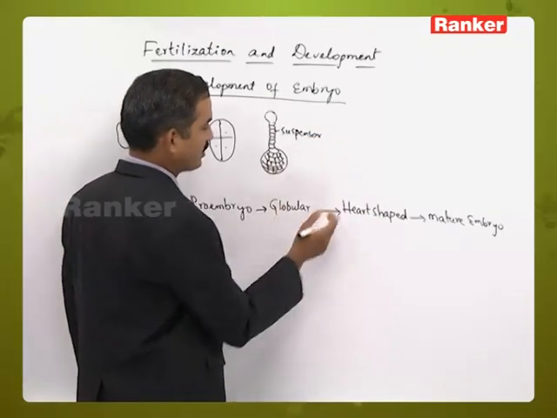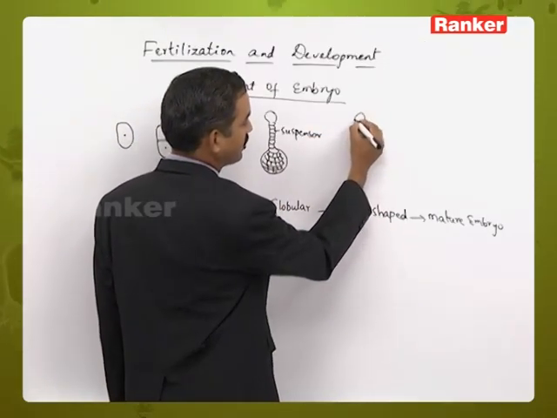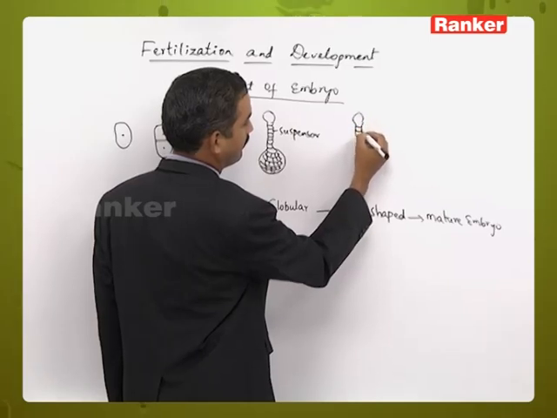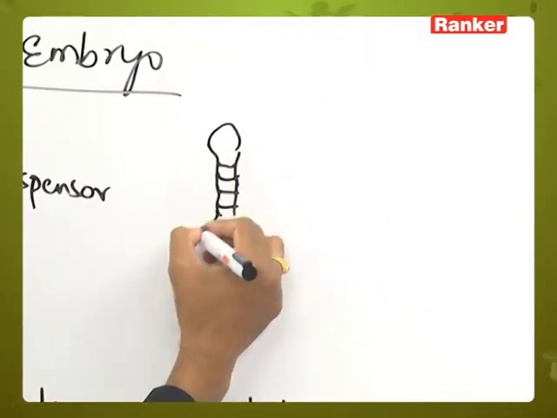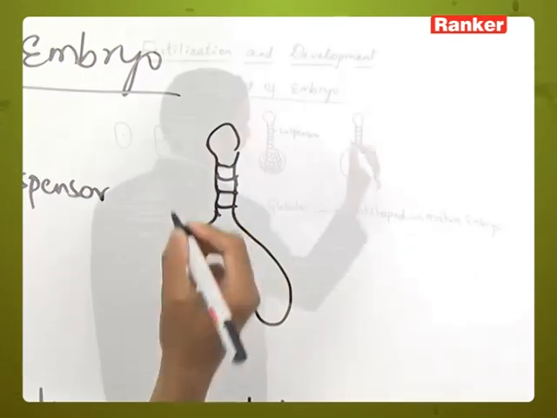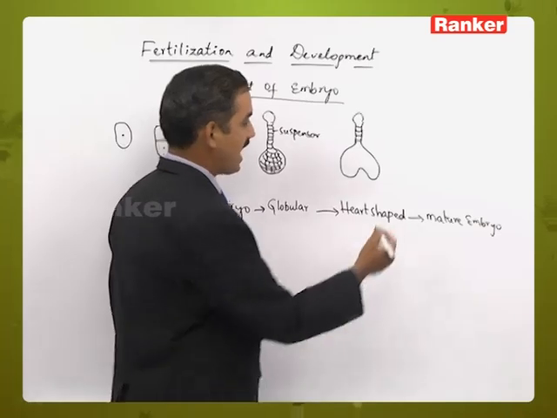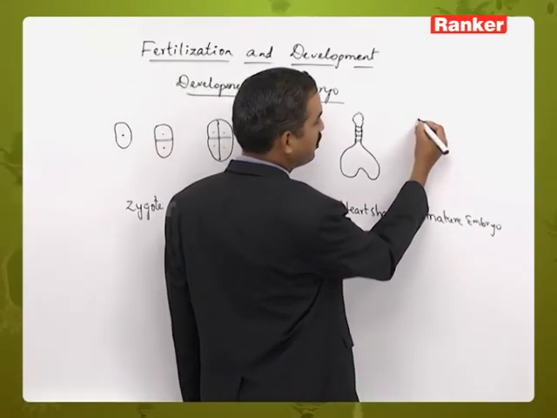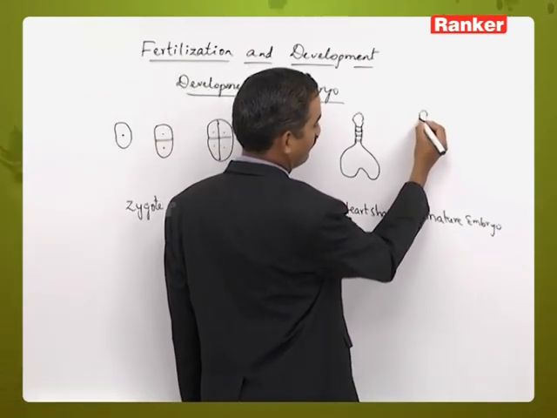From the globular structure it is converted into a heart shaped structure, like this. So this is a heart shaped structure, and finally it is converted into a matured embryo.